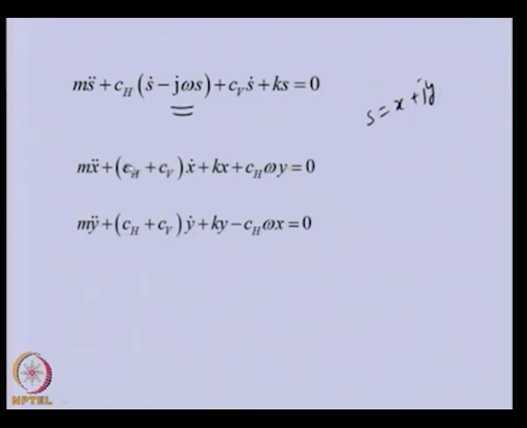You can see there are hysteretic damping terms coming in these places, and not only here but here also, and these two equations are now coupled, because in the x direction a y term is also coming because of internal damping, and also we have an x term in the y direction. So, to solve these equations by the direct integration method, obviously we need to solve these two equations simultaneously.